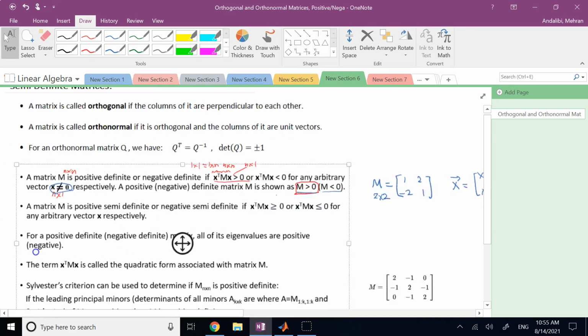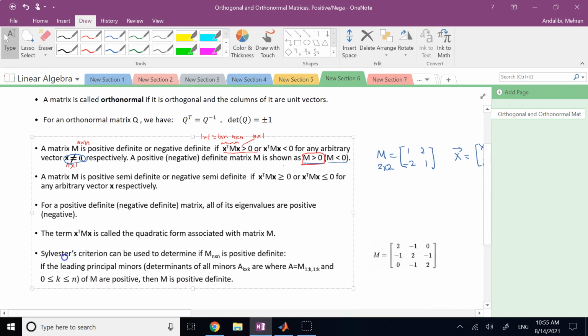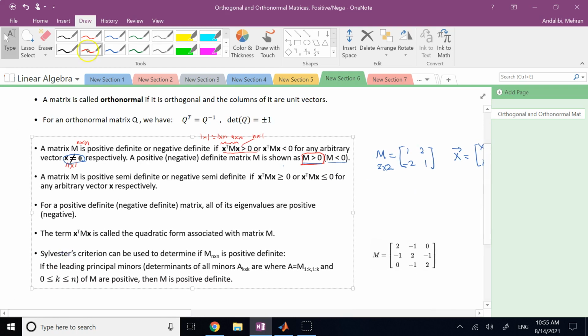Let's look at a couple of things because they can be quite tricky. We said the matrix is positive semi-definite if X transpose MX is bigger than or equal to 0 when vector X is what? Arbitrary. So here there is no limitation on X. X could even be completely equal to the 0 vector.